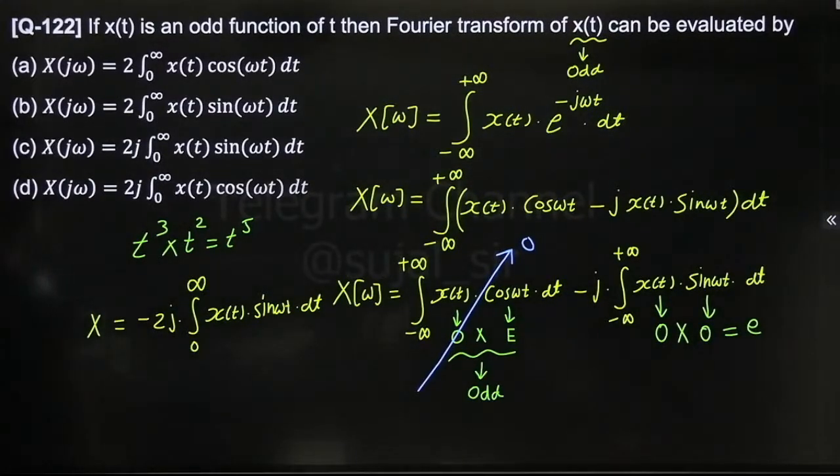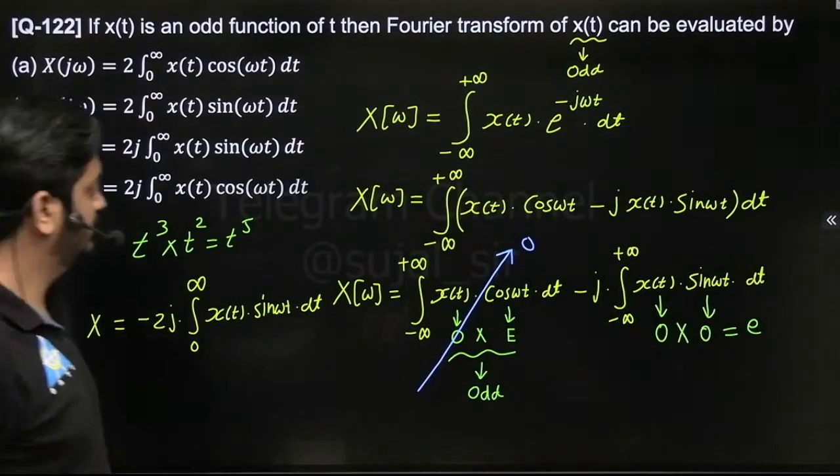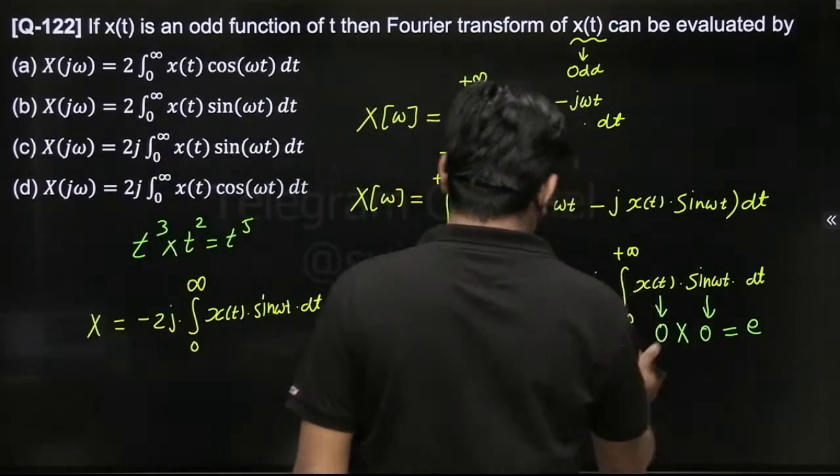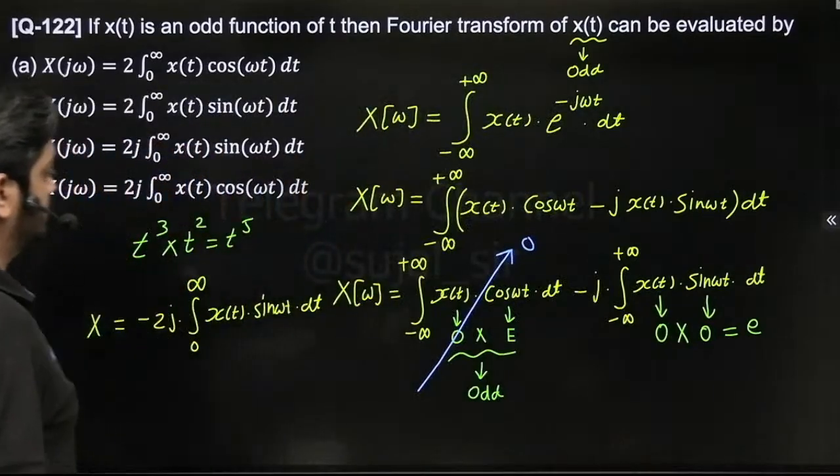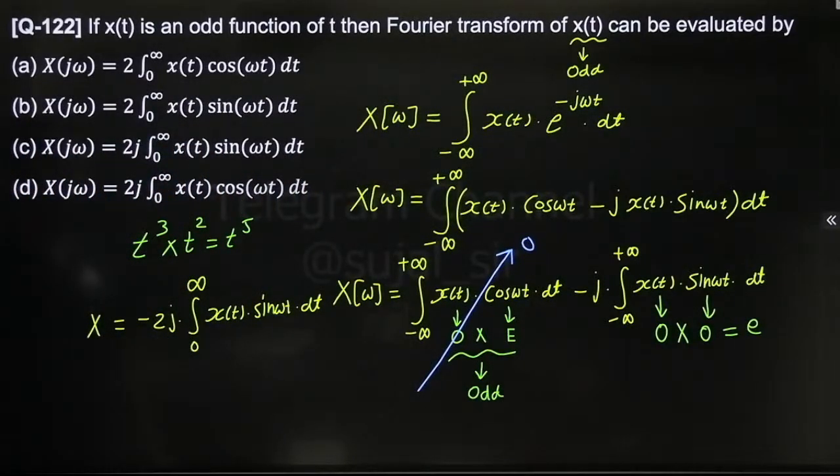Minus 2j. So which option should be the correct answer? Minus 2 times, guys. 2 times 0 to infinity. So minus 2j x of t sin omega t dt.